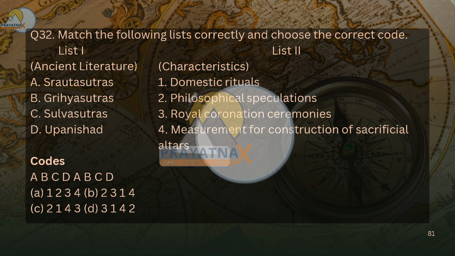Match the following list correctly and choose the correct code. Now list 1 deals with Asian literature and list 2 the characteristics. This question deals with the sutras. Now Srauta Sutra, Griha Sutra and Sulba Sutra, these were the components of Kalpa Sutra.